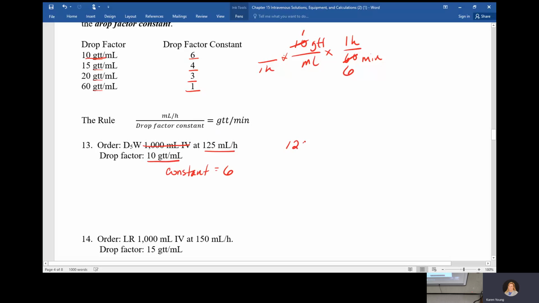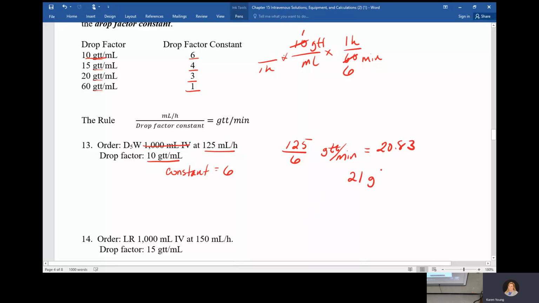So I'm going to take the 125 and divide it by 6. That gives me drops per minute. I don't like this because I can't put my units in there and cancel my units. But 125 divided by 6, I've done this I don't know how many times, is 20.83.